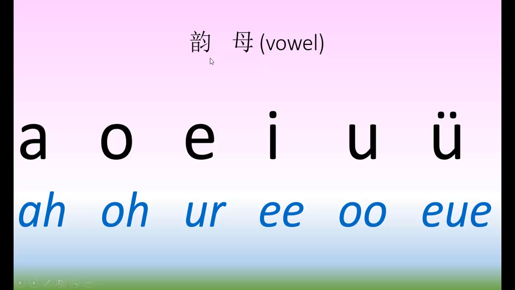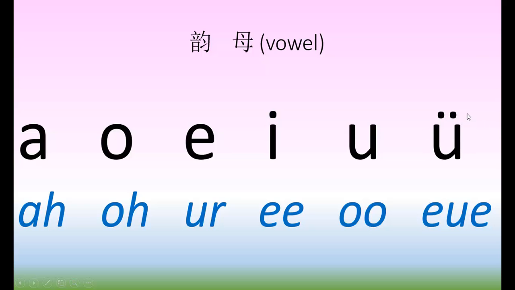Let's learn some 韵母, vowels. Today, let's learn 6 different vowels: a, o, e, u, yu. One more time: a, o, e, u, yu. As we see, the first 5, in fact, have almost the same sound in English, but the last one, yu, we don't have in English.